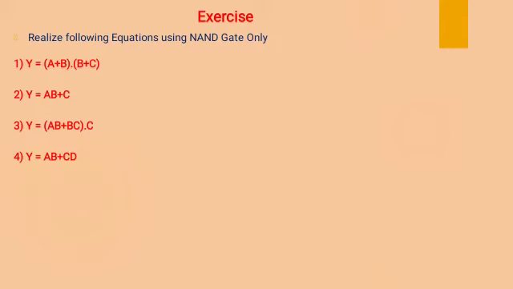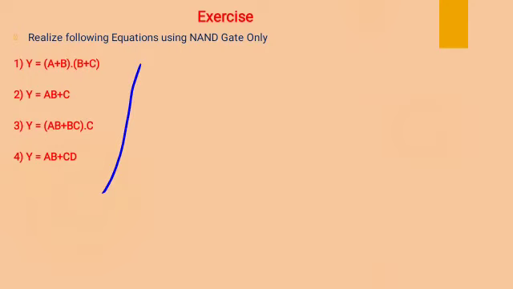These are some examples which you have to solve on your own. Realize the following equation using NAND gate only. The procedure is the same. First we have to take the double complement of the left hand side of the given equation, and solve that equation so that we can have the product terms in our equation.